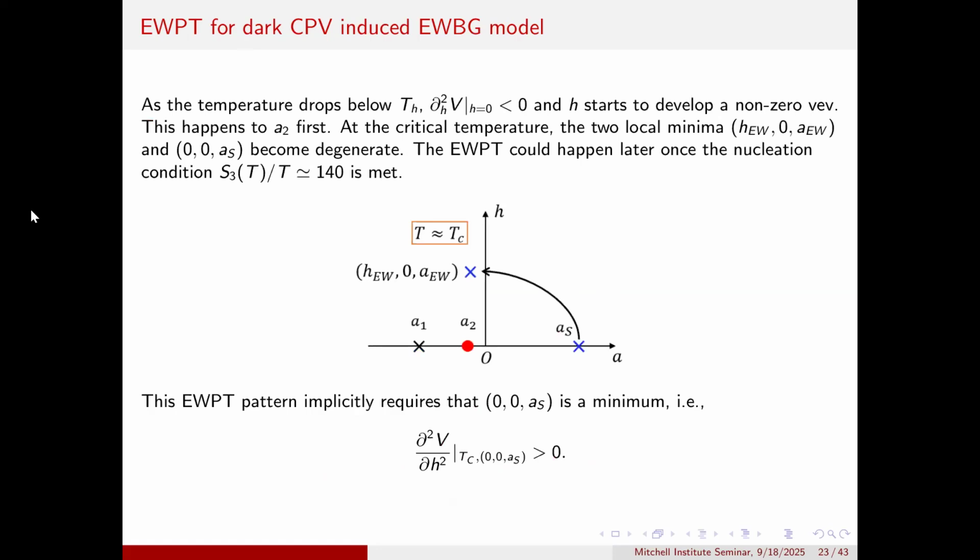Later on, as the temperature drops, 1 more minimum at non-zero H develops here. And this A_S is still a minimum. So we have 2 minima in this configuration, and there has to be a barrier separating them. So the transition from A_S to this minimum, when it becomes lower in energy, is the first order phase transition that we are interested in.